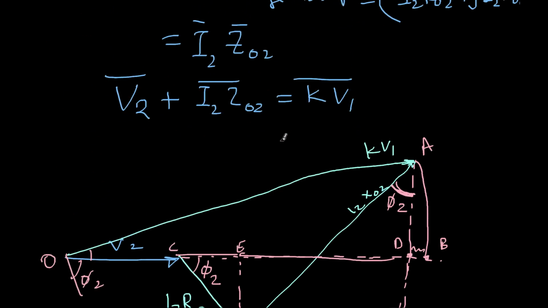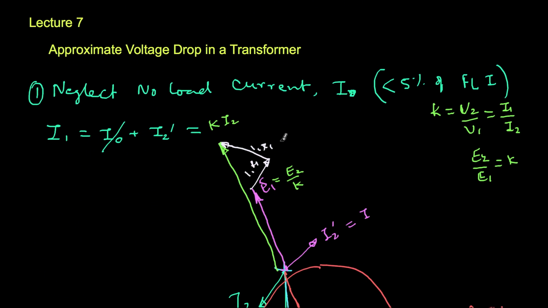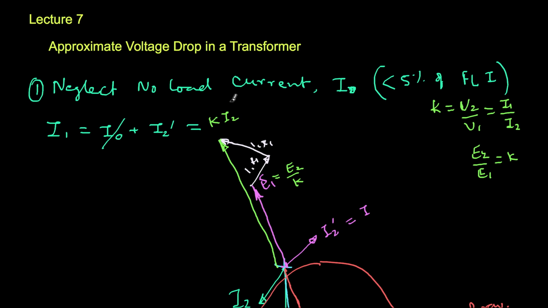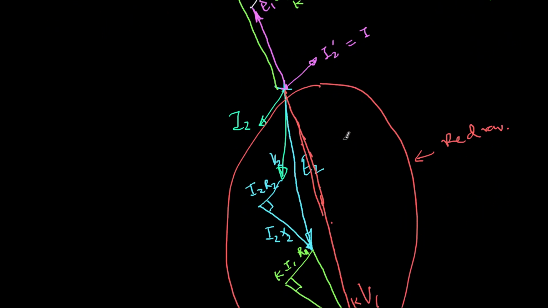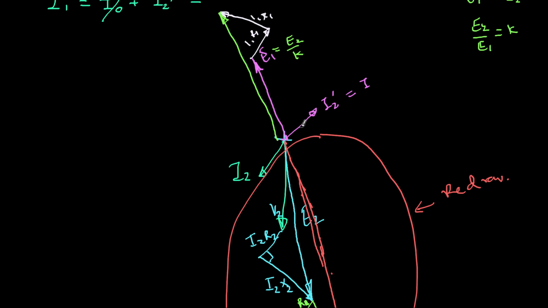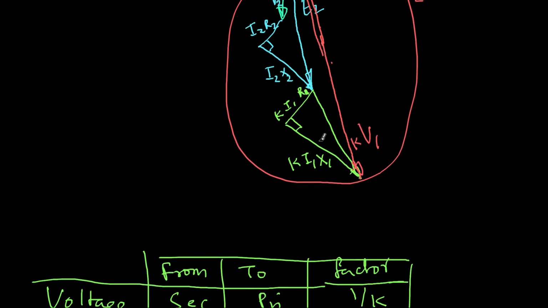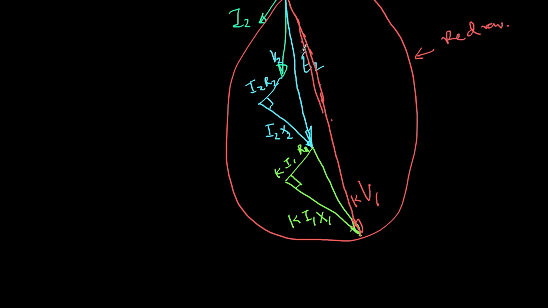So to just summarize what I have discussed so far, the objective is to go for simplification. We did that by neglecting the no load current. Therefore, I0 I remove. So I1 is nothing but I2 dash, which is nothing but K into I2. Then I have this vector diagram. These voltage vectors of drops I transfer to the secondary side. So I got a drawing like this.